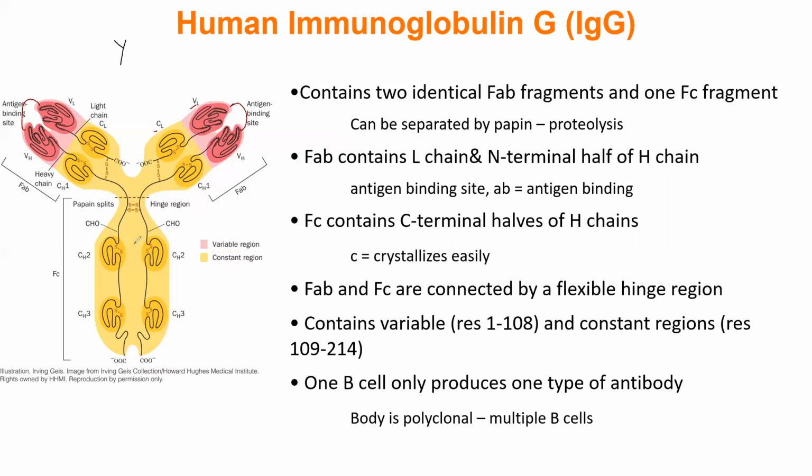But for us, remember heavy chain, light chain, variable region, constant region. And remember, the variable region is what is binding to our antigens. That's the main take-home, the main things we're worried about.